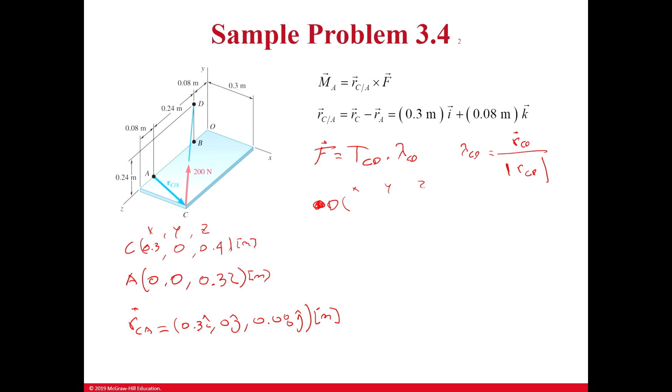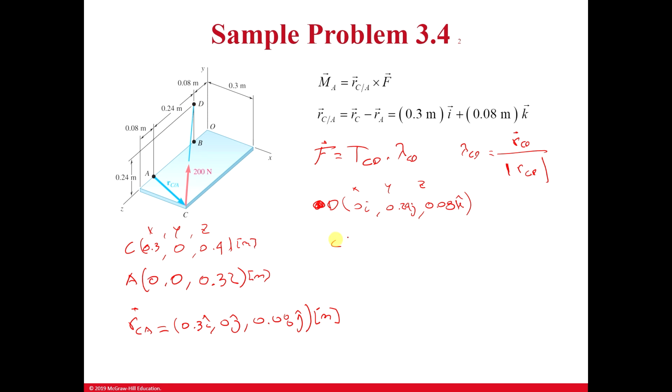X, Y, and Z. So D is 0 in X and 0.24 in J and 0.08 in K. All right. Let's double check. D is 0 in X, and Y we do have, yep.